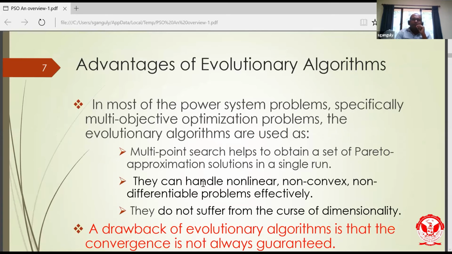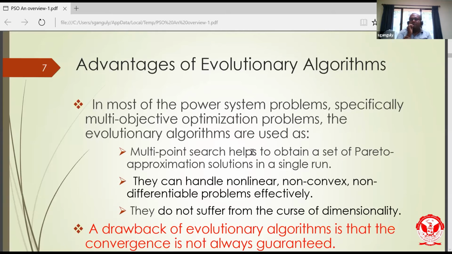The advantage is that, since it is a multi-point search technique, this helps to obtain a set of solutions instead of a single solution. Among them you can find one best if it is a single objective optimization.